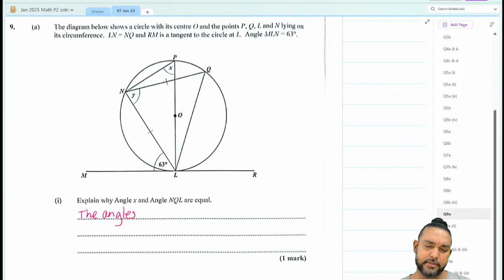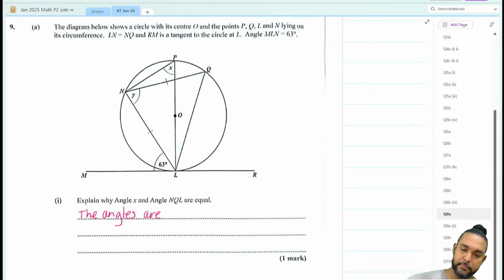Angles in the same segment standing on the same arc.